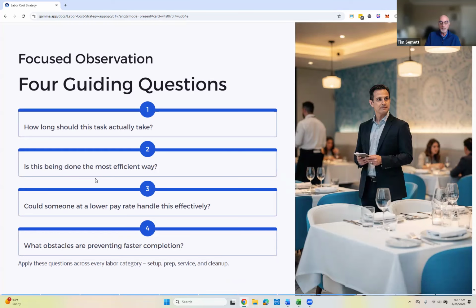Could someone at a lower pay rate handle this more effectively and efficiently and at a lower total cost? And what obstacles are preventing a faster completion of this task? So the key message is smart labor assignment is the key. You don't want to slash hours. You need to assign them smarter. And to assign them smarter, you need to slow down and actually watch what's happening in your operation.